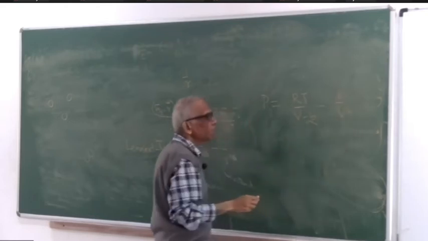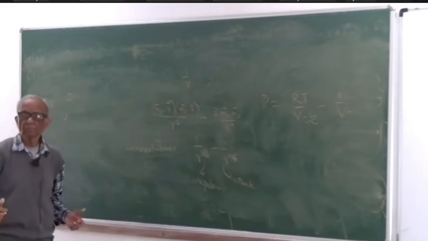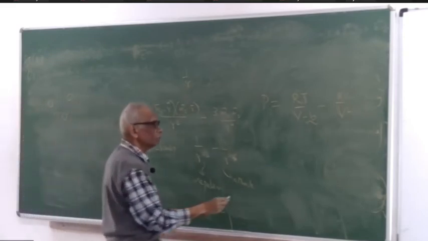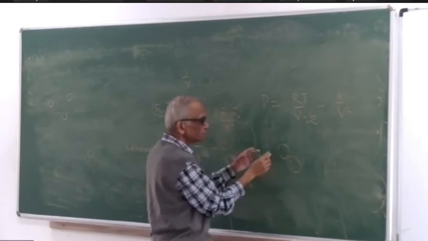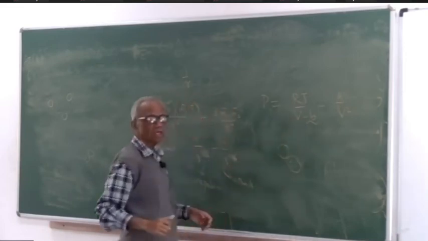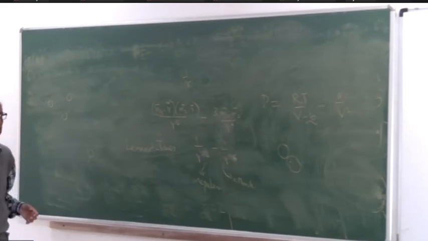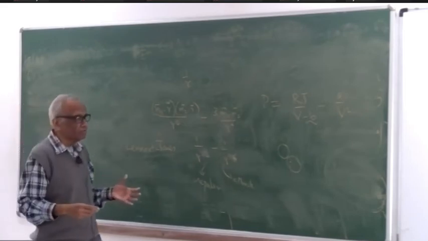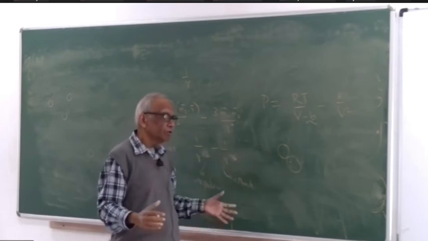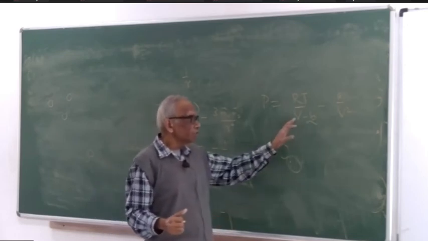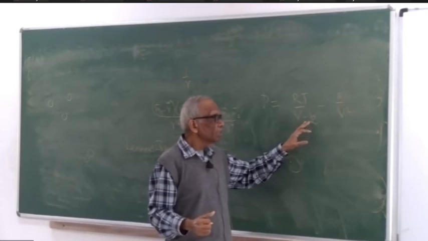This is the hardcore repulsion. That's the excluded volume, which takes into account the fact that the 2 centers can come no closer than this. So that's the repulsion part of it, which is what the elastic scattering would take into account. And that's the strong effect.